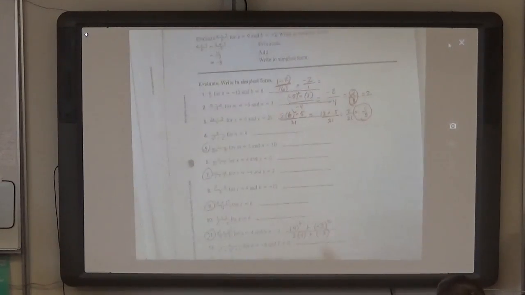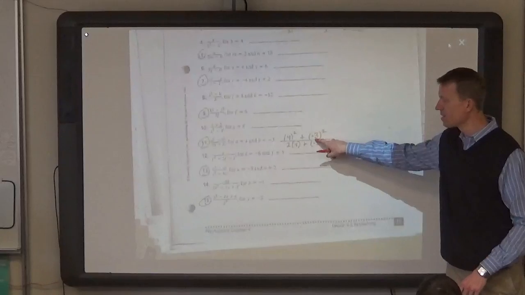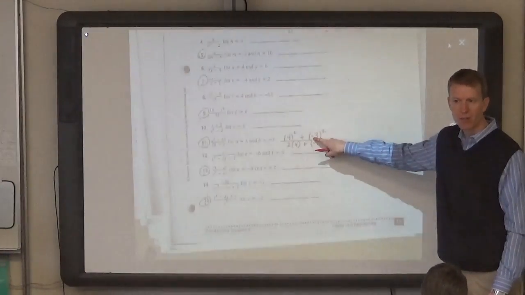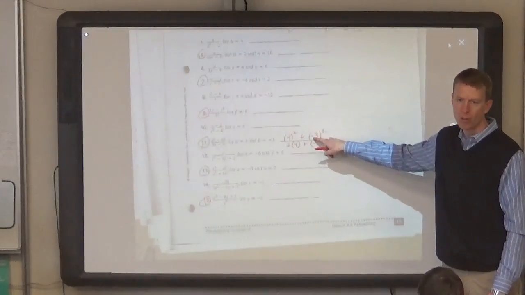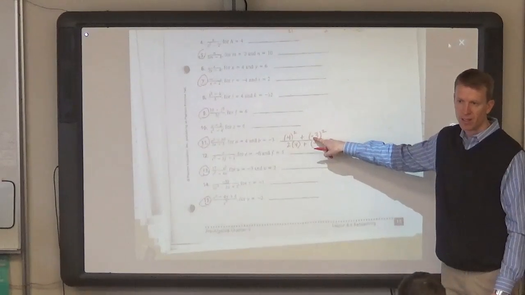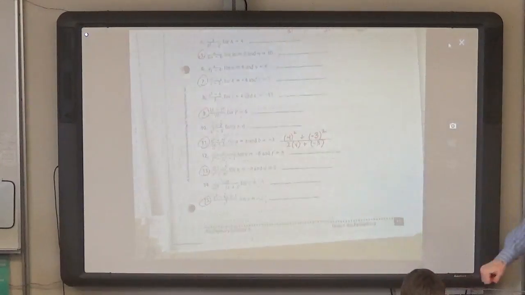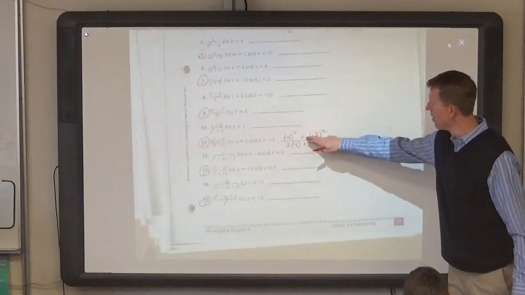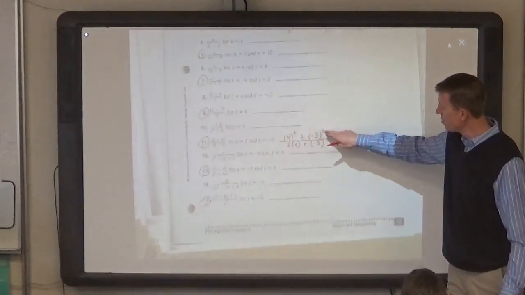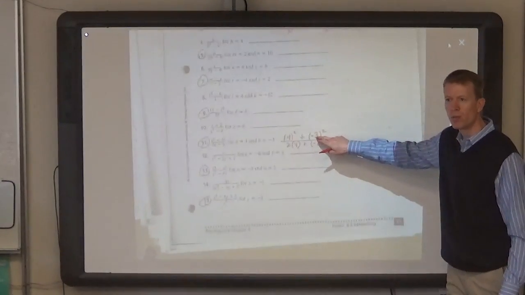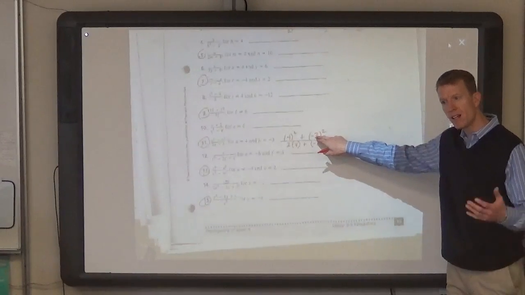Now, if you don't have the parentheses around the negative 3 when you're squaring that, can you see this okay? Then that negative 3 is not being squared, it's the positive 3 that's being squared. So then you end up with the wrong answer. Okay? Because if you do a negative 3 squared without the parentheses, it's only the 3 that's being squared, not negative 3.